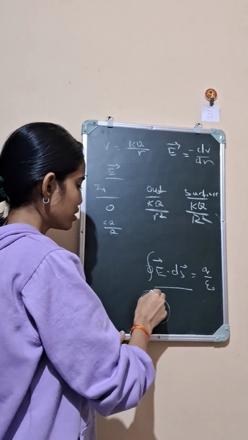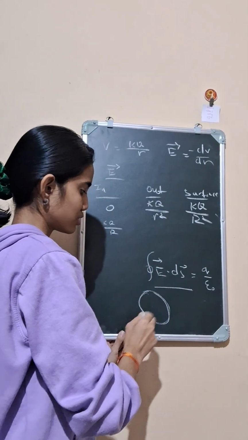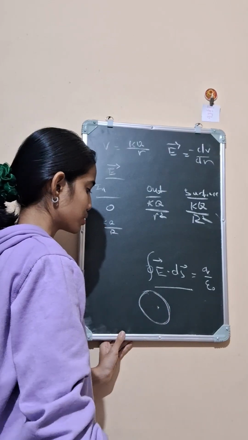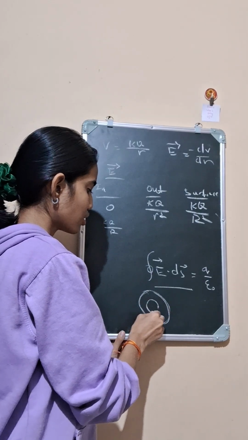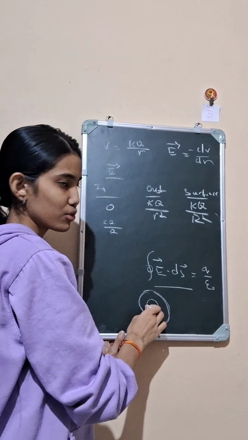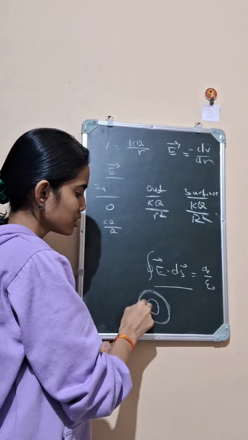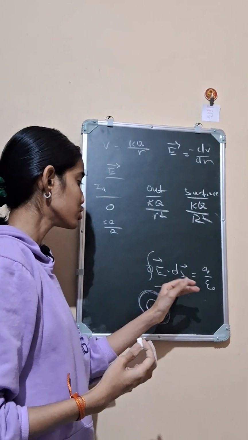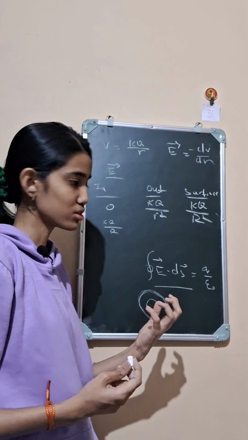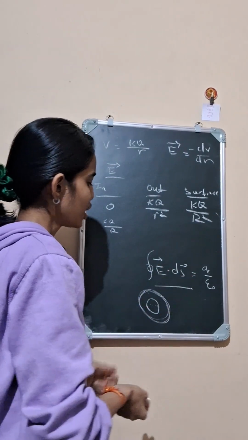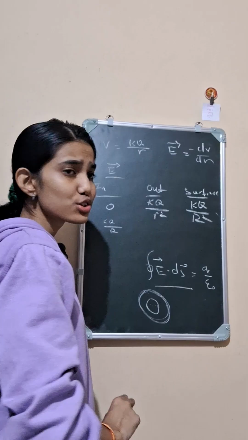to 0. And let us suppose this here is a spherical shell, considering this point, and make a Gaussian surface with this point, then you will see that there is no charge inside, the charge is outside. So as there is no charge inside the Gaussian surface, we will say that there is no field.